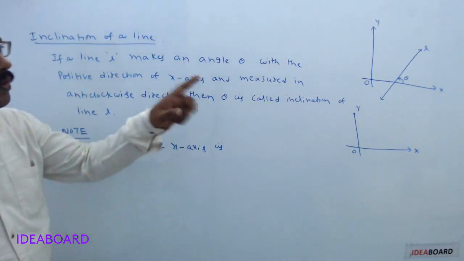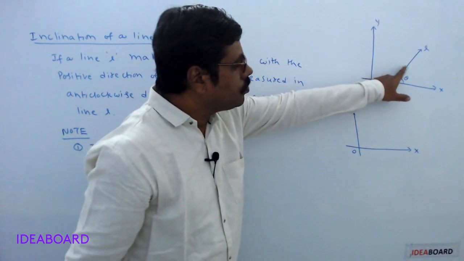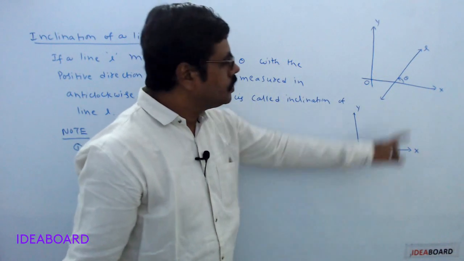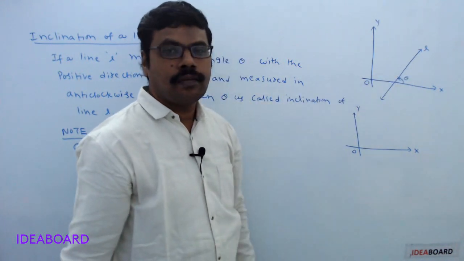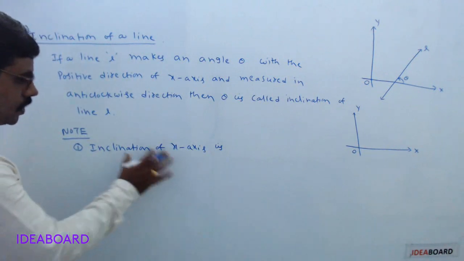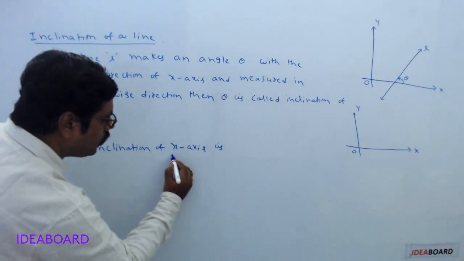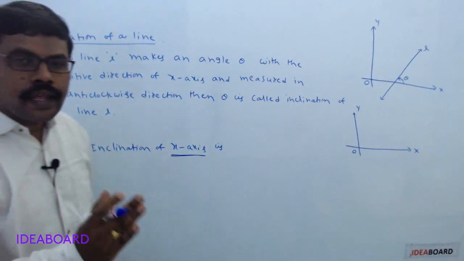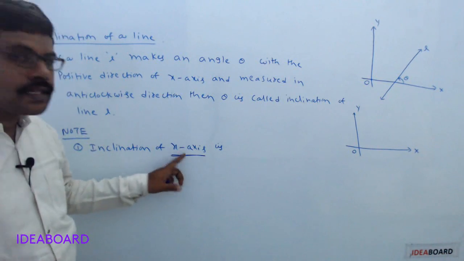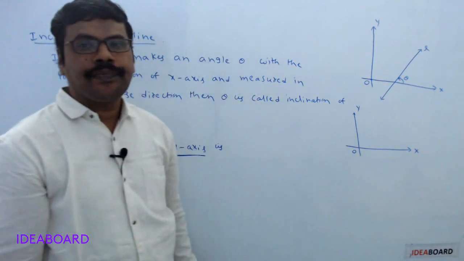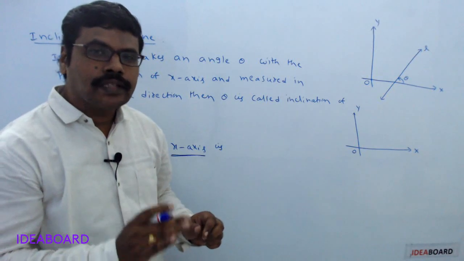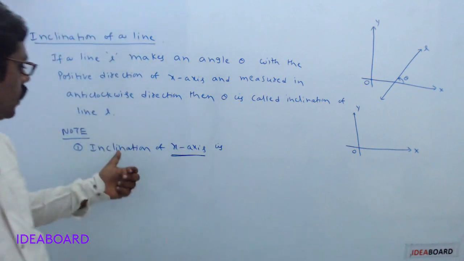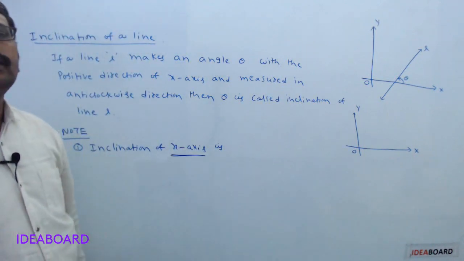Now see here, in your definition, this line L makes an angle theta with x-axis in anti-clockwise direction. This theta is called inclination of the line L. So here, in place of the line L, the line x-axis will be given. So we need angle made by the x-axis with x-axis. As x-axis coincides with x-axis, there is no angle. So it means inclination of x-axis is 0 degrees.